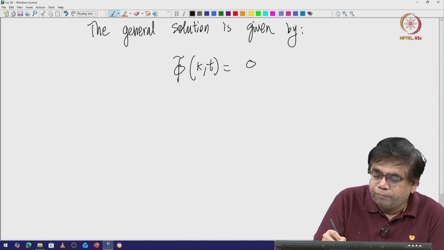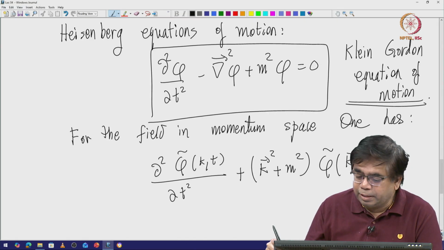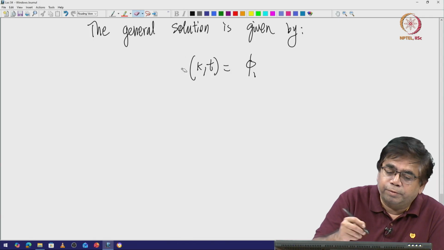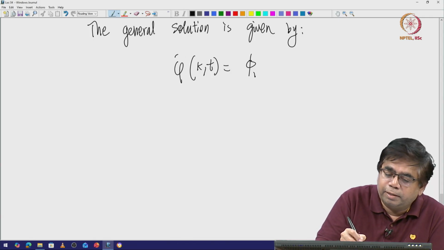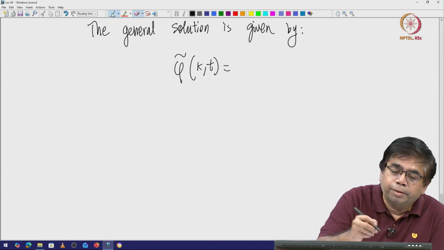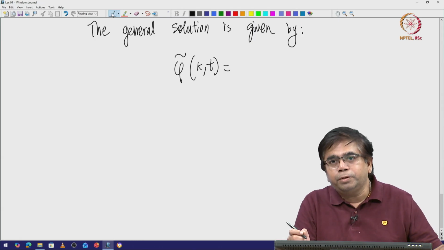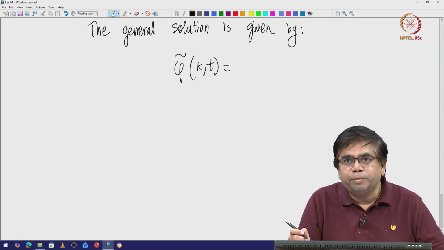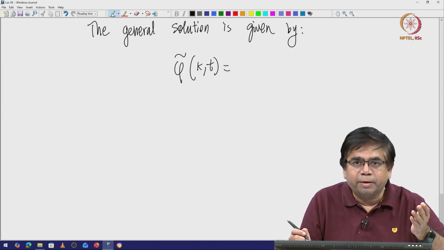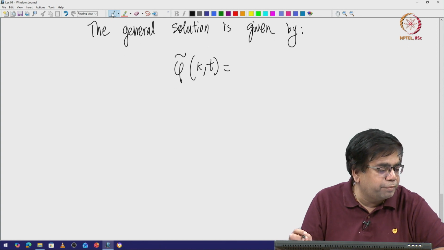Okay, I am doing the same mistake as always. I had to use phi tilde k of t. The solutions for this relativistic equation of motion, there are two: one is e to the power plus i k t and another is e to the power minus i k t. You all know this from your relativistic wave equation.